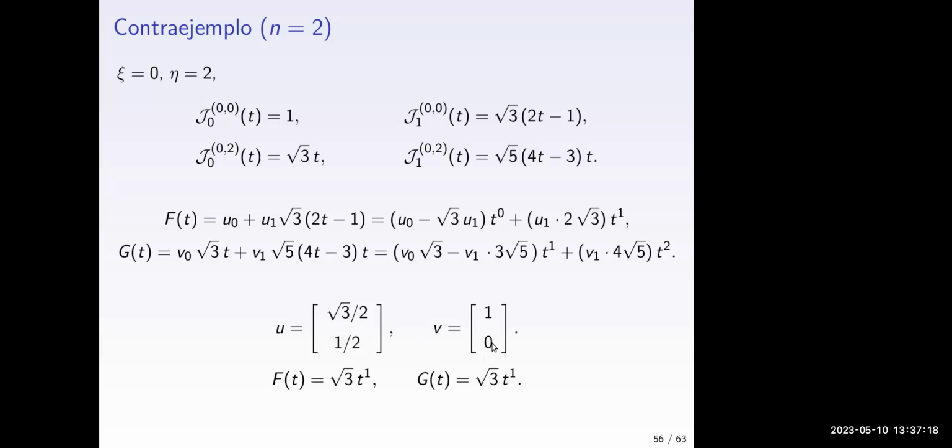And what happened? If this b is b0, b1, u0, u1, if b1 is equal to 0, we have this equal to 0, this equal to 0, also this equal to 0. So we get b0 times square root of 3 times t. But b0 is 1. So here in gt, we have square root of t. And for ft, we make these operations with u0 and u1, and we get ft equal to square root of 3 times t this time, and gt equals the same.